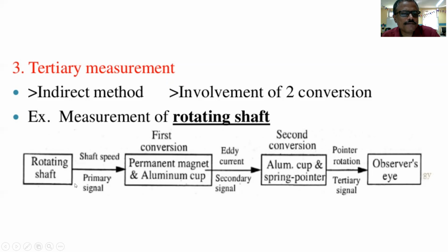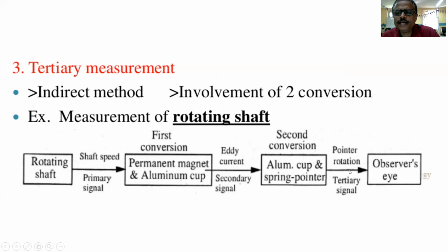There is a rotating shaft which gives the shaft speed as a primary signal to this permanent magnet cup. So here the first conversion takes place. In this first conversion, the speed is converted into eddy current. This is the secondary signal. This current is applied to the aluminum cup and spring pointer, where you have the second conversion.